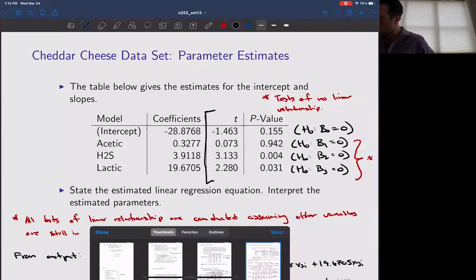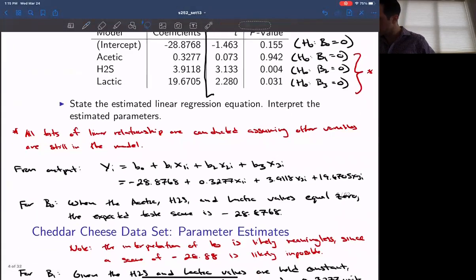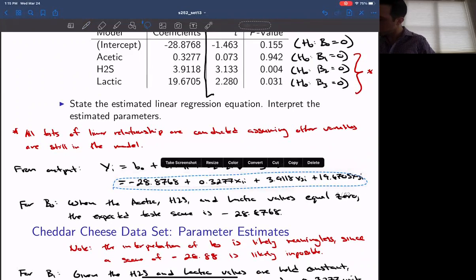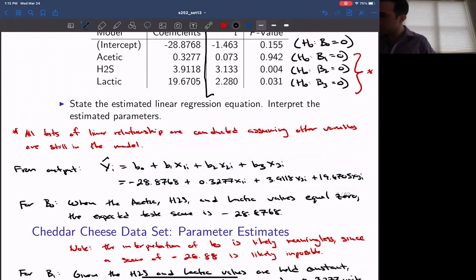So this is the model that we started off talking about today. And there should be a hat here.